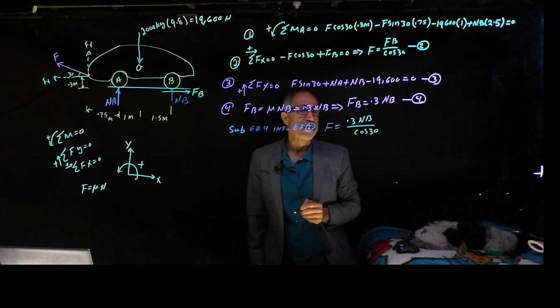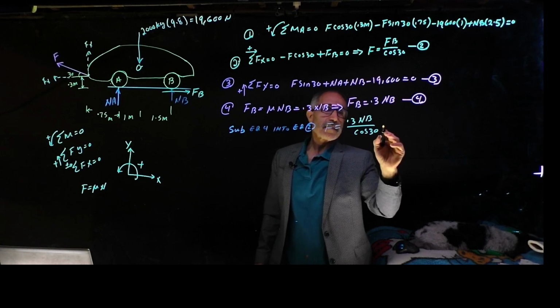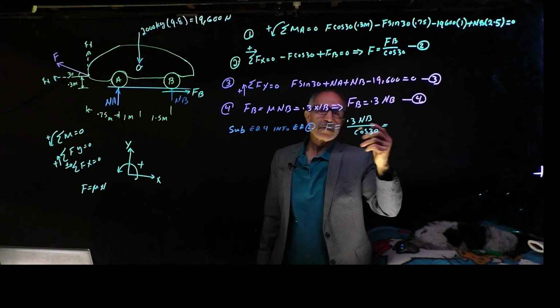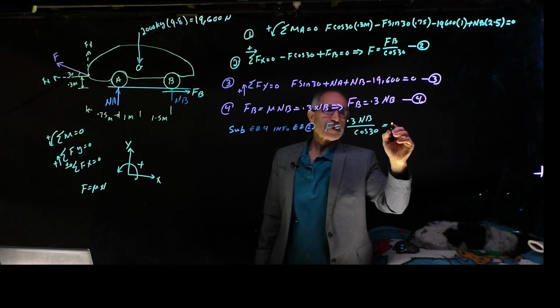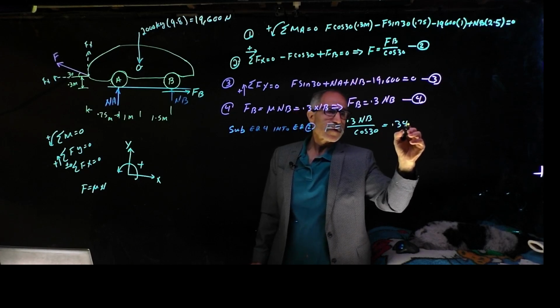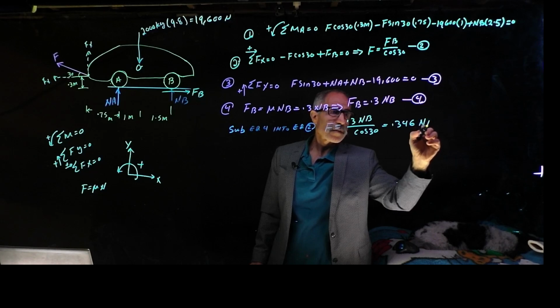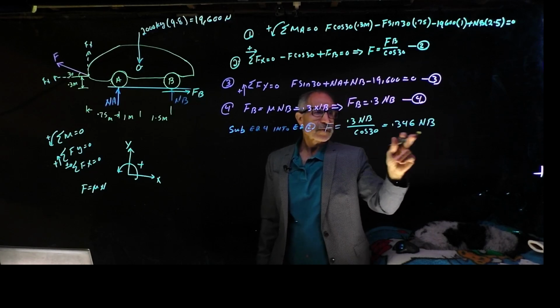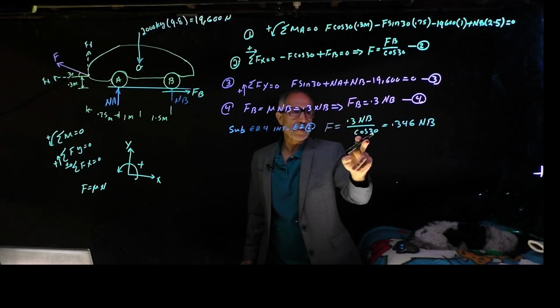So that's my F. If I do that out, you can use a number. F is equal to 0.346 Nb. That's what it comes out to be if you divide the 0.3 by cosine 30.